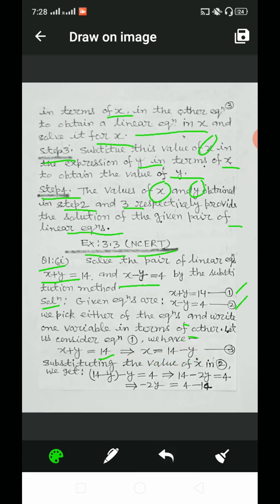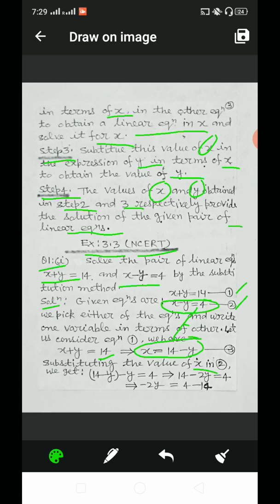Substituting the value of x in equation 2, we get here the value of x is 14 minus y, and this value we substitute in equation number 2, because here the value of x is from equation number 1.